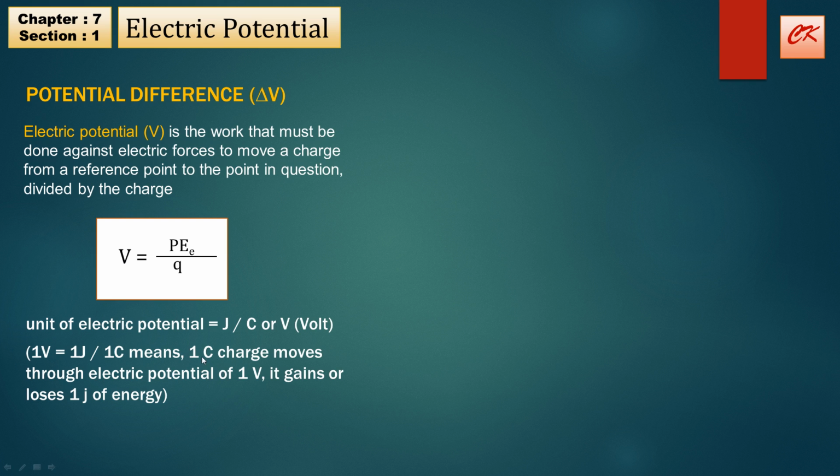What does this mean? In order to move 1 coulomb charge under the electric potential of 1 volt, we need 1 joule of energy. Yani we have 1 coulomb charge, for example, and we want to move it in an electric field which has 1 volt potential. We need 1 joule of energy.